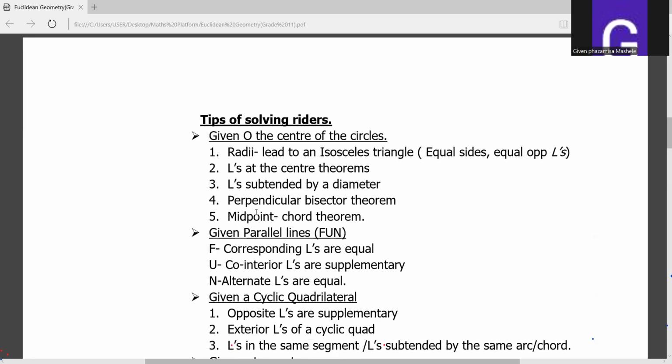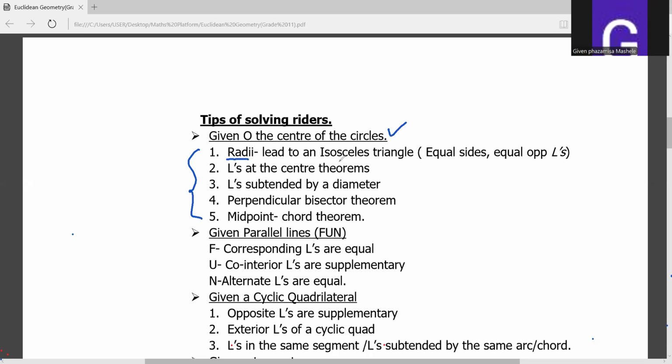Number one, if you read the question and they tell you that O is the center of the circle, this is very important. There are 5 things that you should look at when you are given O the center of the circle. Number one, you must look for what is called radii. Radii means it's more than 1 radius.